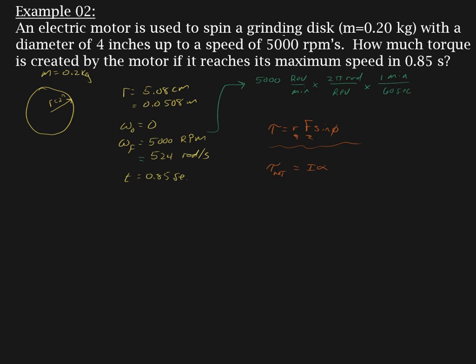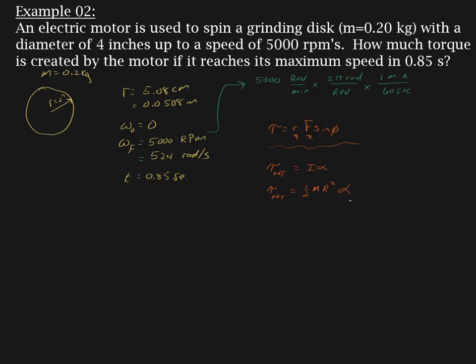Now a grinding disc, that's basically a solid wheel, or a solid disc, so that's going to be 1/2 mr squared. Alpha is ultimately what we're going to have to find because we're looking for the net torque. So tau net is equal to 1/2 the mass of the disk times the radius of the disk squared times alpha.